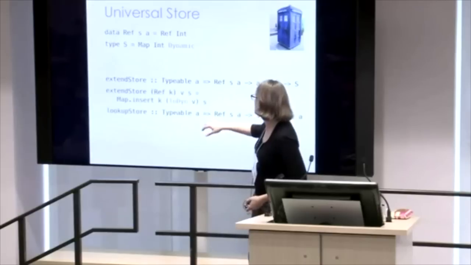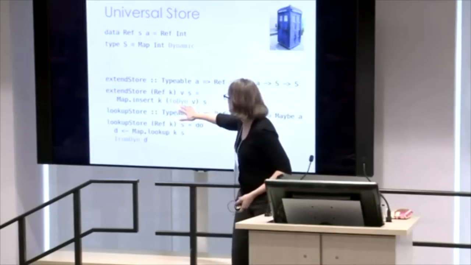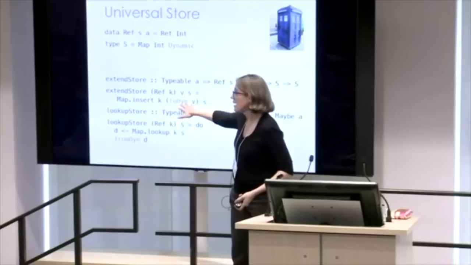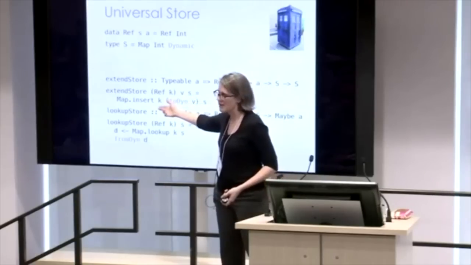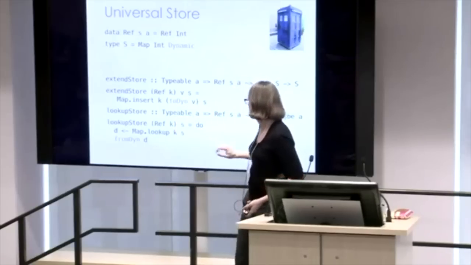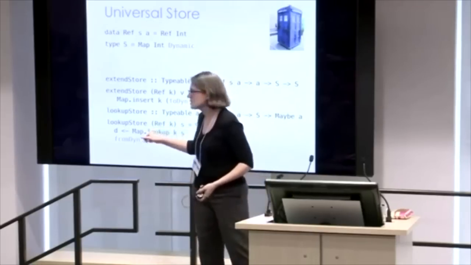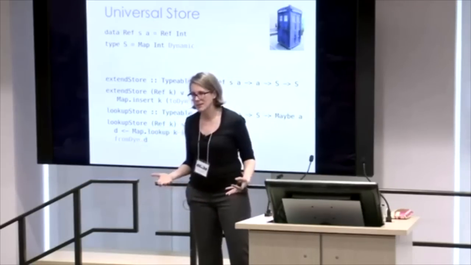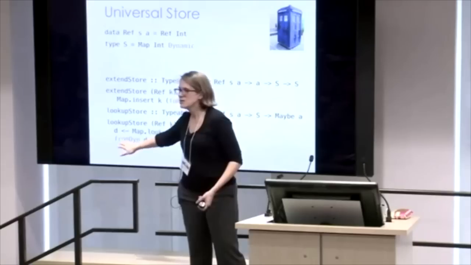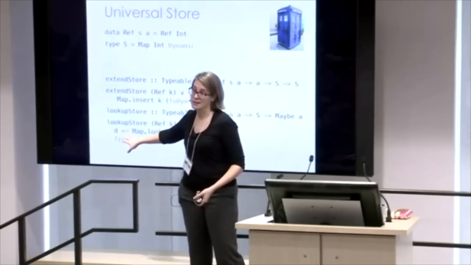When we extend that store, we just coerce the value that we're given to have that Dynamic type and insert it into the map. And then when we look up from that reference, we're going to get something that has a Dynamic type, so we have to do a check to make sure that we got the right type.